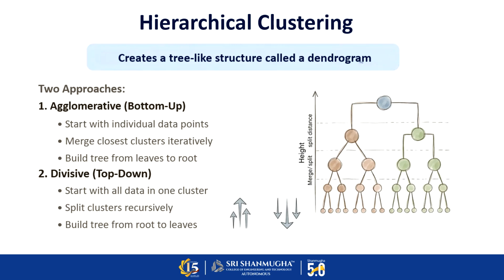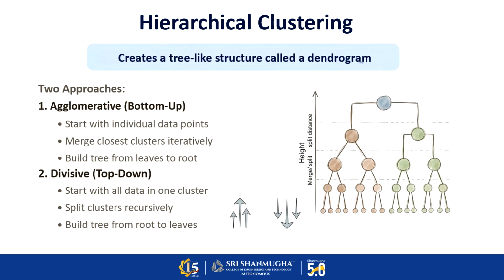It starts with each data point as its own individual cluster, then merges the two closest clusters together. It repeats until all the points are in one single cluster. So the dendrogram grows upward from leaves to root. That's why it is a bottom-up approach. Okay. Divisive, it is top-down.